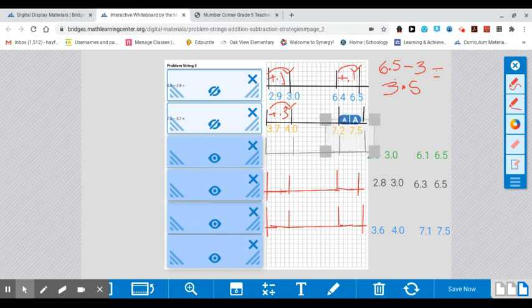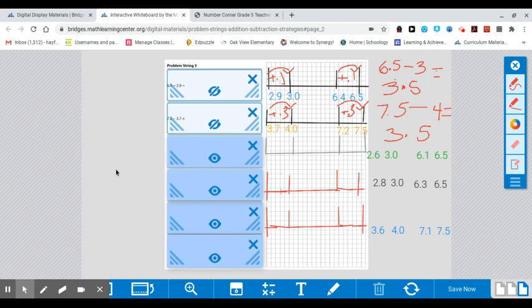So we're going to take 7.2 and add 3/10, and that takes us to 7.5. So that leaves us with 7.5 minus 4.0, or 4, which gives us, again, what? 3.5.